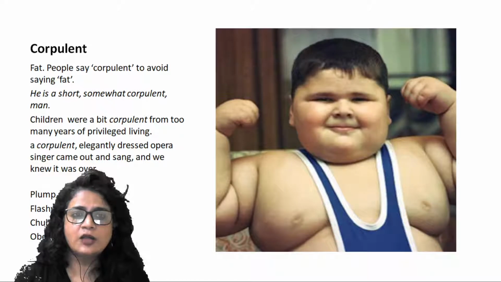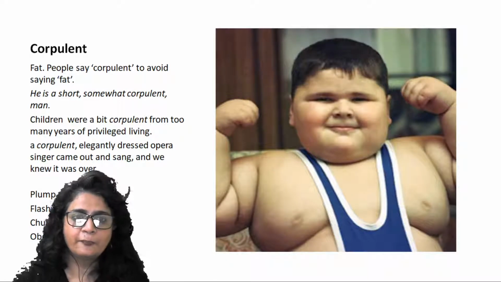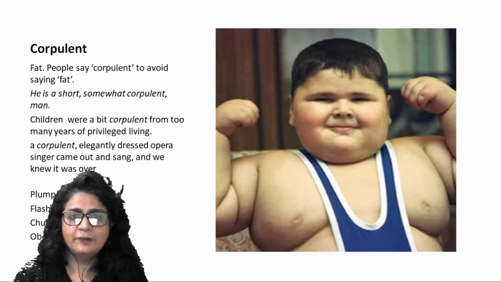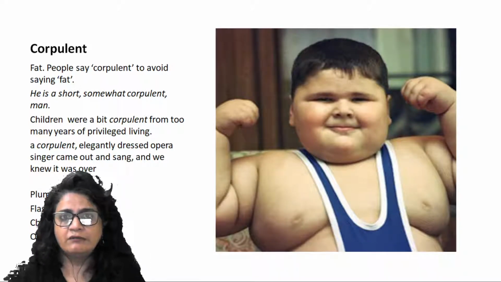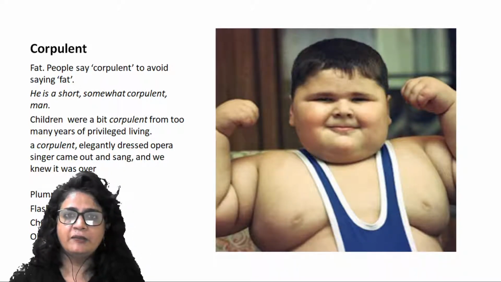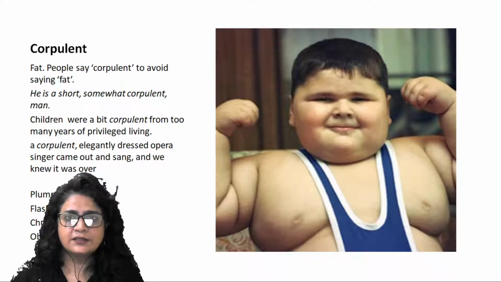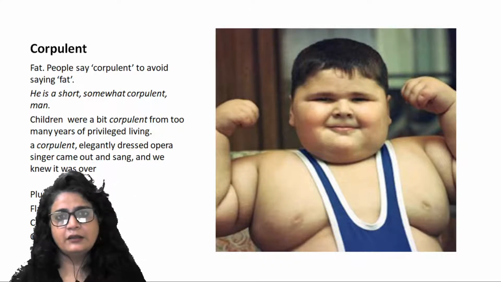So he's short, somewhat corpulent. Children were a bit corpulent from too many years of privileged living. They were living in a very privileged atmosphere. They were given all things necessary, and that's why they became corpulent.